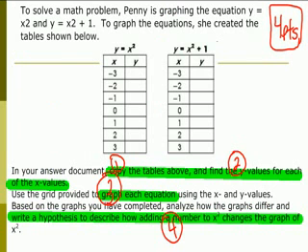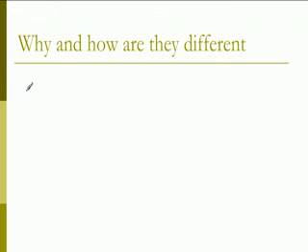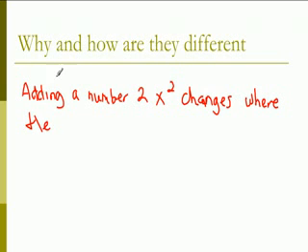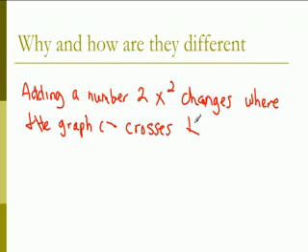Write a hypothesis to describe how adding a number to x squared changes the graph. So you can say adding a number to x squared changes where the graph crosses the y-axis.